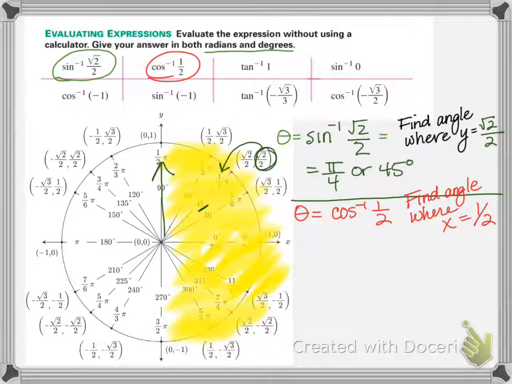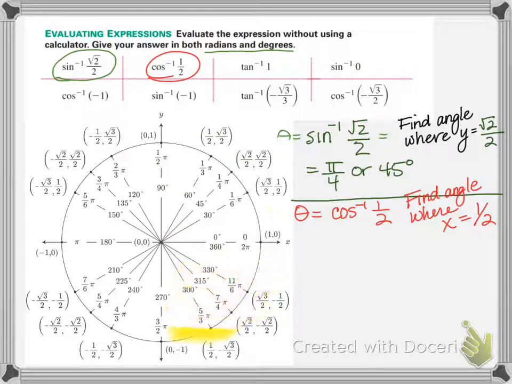So let's go back to our shading, okay? Where is cosine located? Well, cosine is located at the top quadrants, right? So we know that our answers have to be somewhere in this area. Where is cosine or x a positive half?